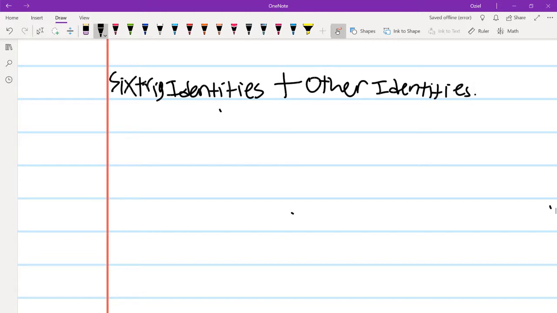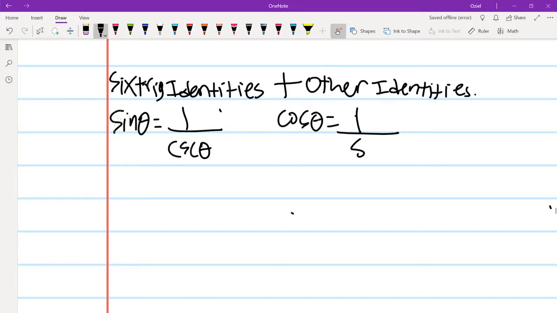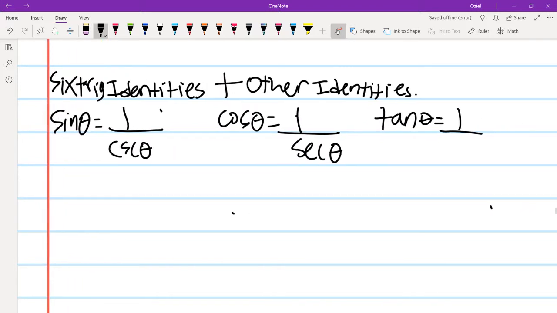So then we would say, we had sine of theta equals 1 over cosecant of theta, and then we had cosine of theta equals 1 over secant of theta, and then we had tangent of theta equals 1 over cotangent of theta.